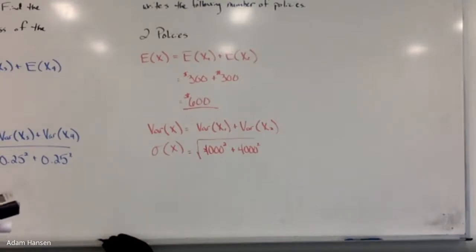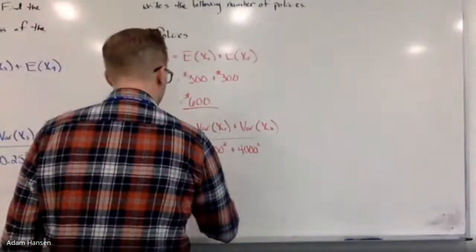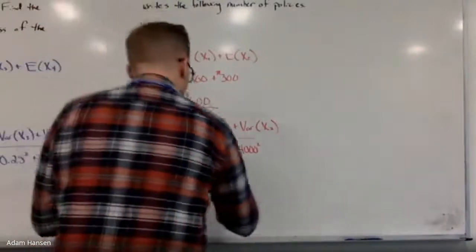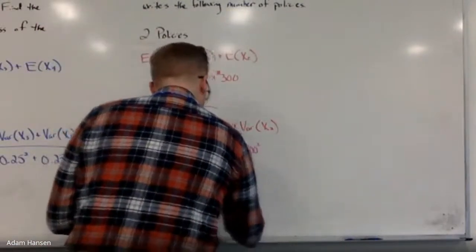Let's see here, 2 times 4,000 squared. Take square roots, and I get $5,656.85.